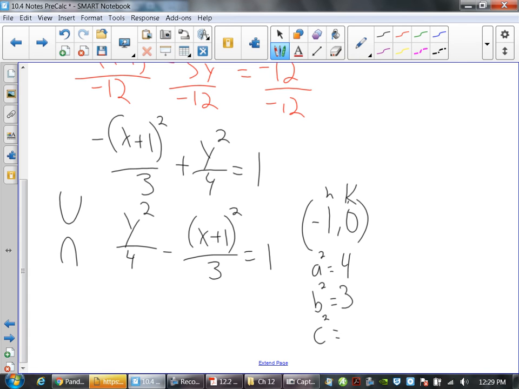Which means my 7 squared is my C. No. What's C squared gonna equal? 7.